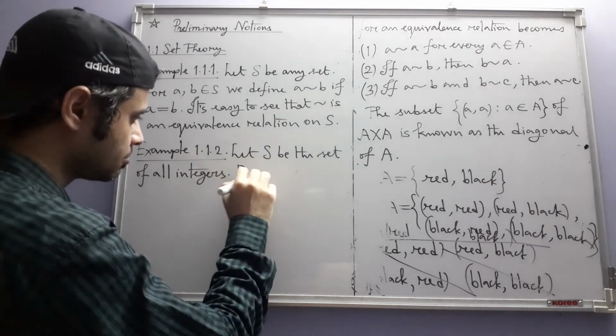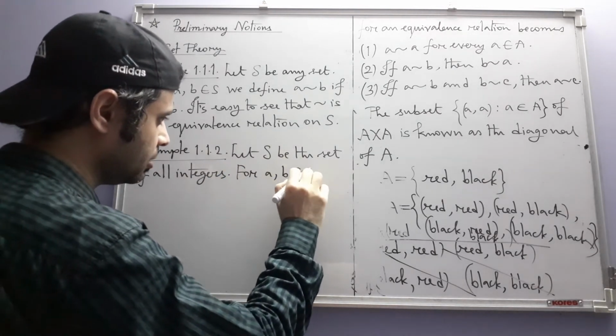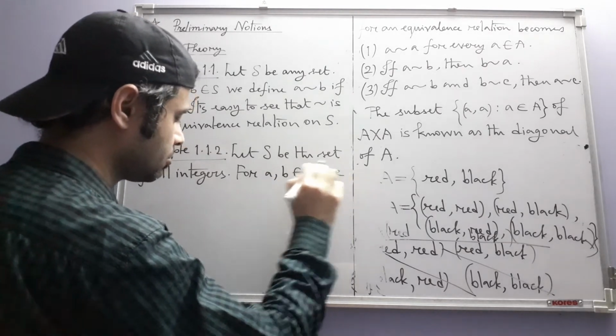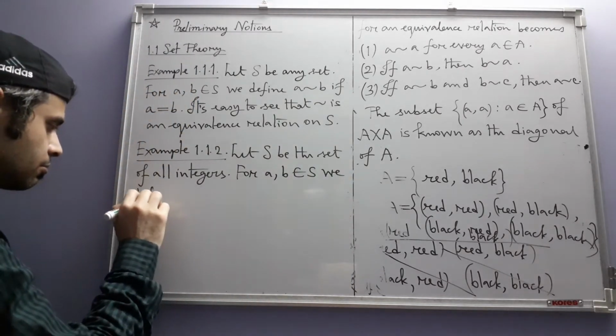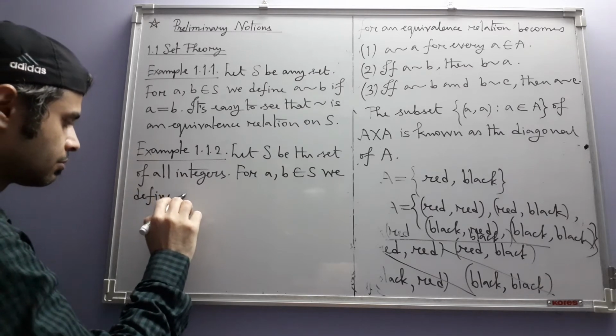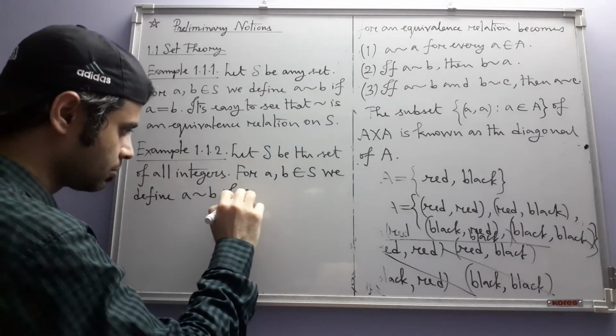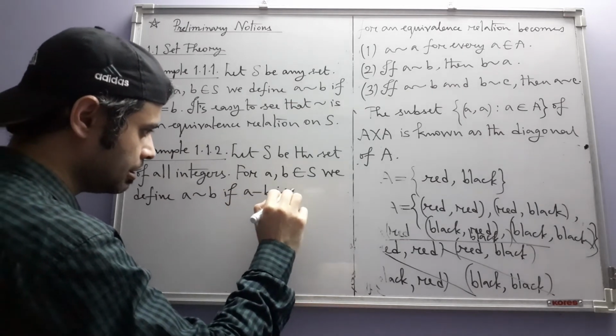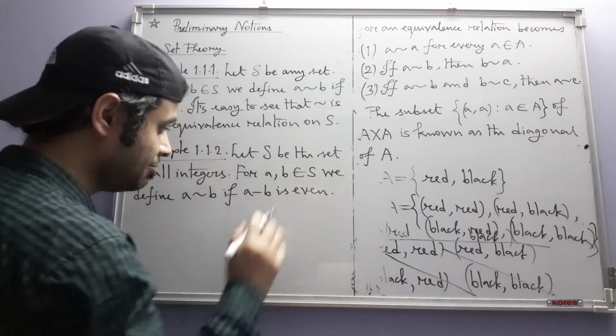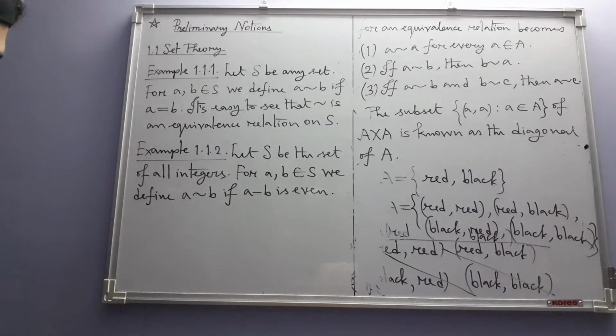For A and B in S, we define A is related to B if A minus B is even, if it's an even integer.